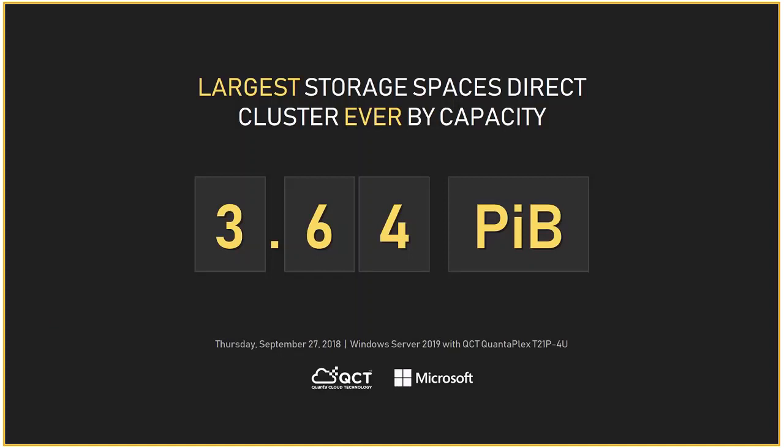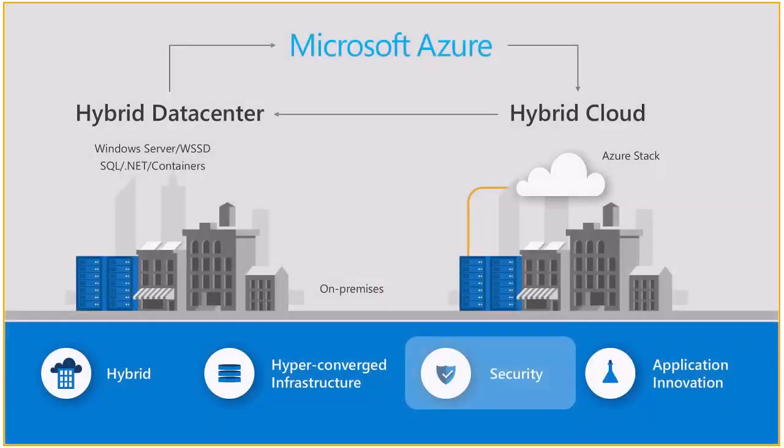Now, once you format that out, you want redundancy, that drops down, right? But there's a cluster that has 3.64 petabytes of raw storage. Usable, I think it was something like 2.7 in that Storage Spaces Direct cluster. So that's a lot of storage in one hyper-converged cluster.